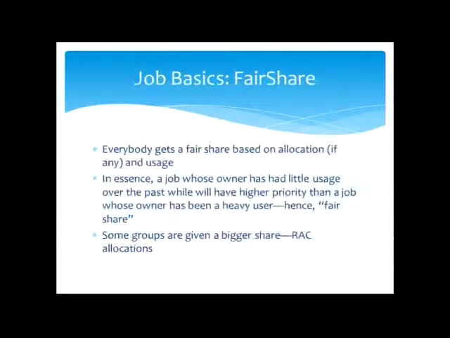FairShare is implemented across WestGrid, and it's based on your past usage and what your share has been determined to be. For most users, your share on a given system will be the default, which basically is all of the cores over the year divided by the number of users who might want access to that.